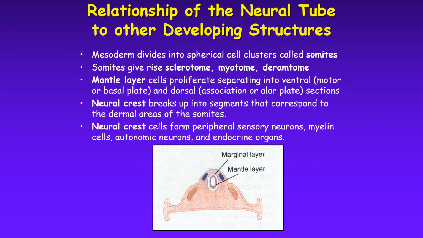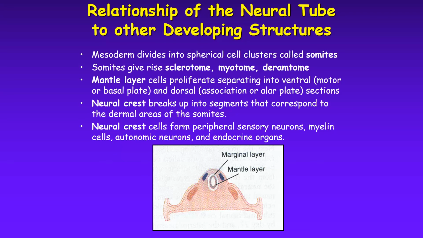This is just showing you, in an electron microscope in a chicken embryo, that same process of neural tube formation, which looks very similar in human embryos at that point. Relationship of neural tube to other developing structures. The mesoderm divides into spherical clusters called somites.